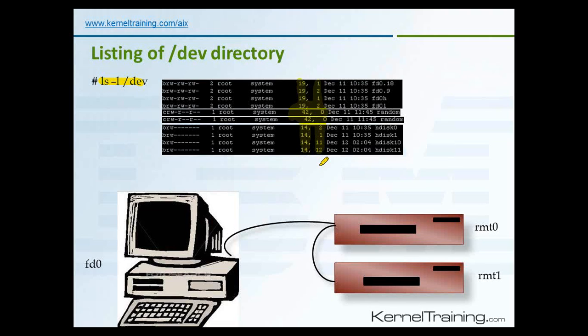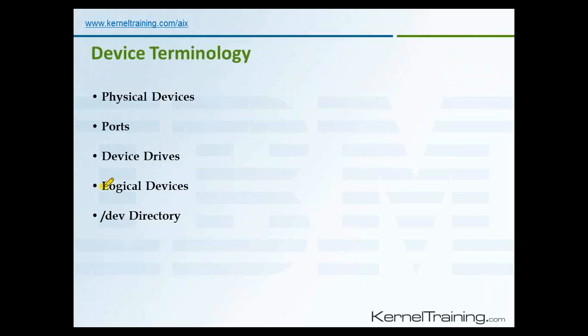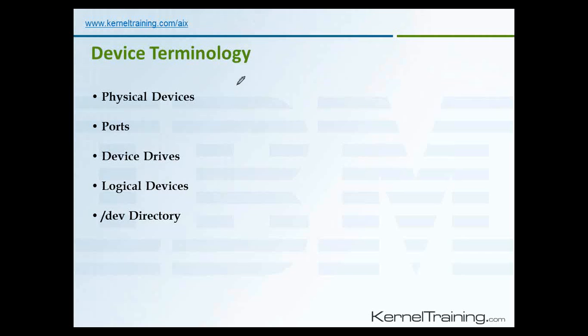Now one more thing I would like to tell you before we proceed. Let's talk more about the logical devices and logical names. In your AIX environment, each device is given some name. For example, let me say I have hard disks.